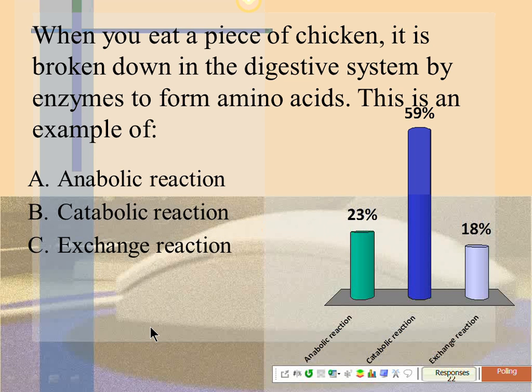This is an example of a catabolic reaction. Remember right in the beginning, when I said synthesis, I said you join amino acids together to form proteins. So here when you eat chicken, chicken is protein. You're breaking down a complex protein into smaller amino acids. So this is a catabolic reaction, okay?